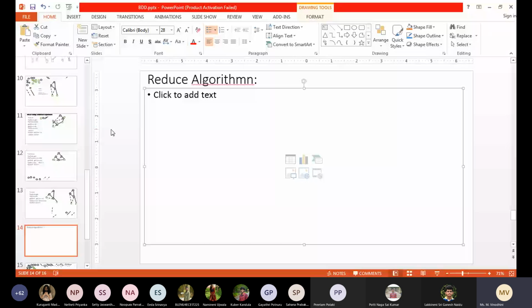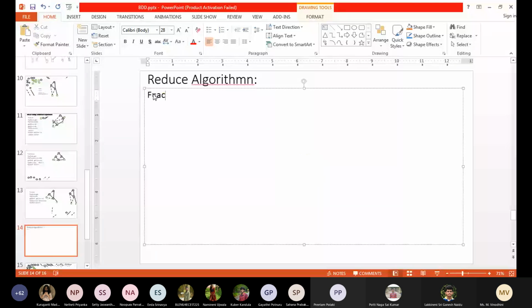Now for the expression, what is the very first diagram we have drawn? Okay, f is equal to AC plus BC. For that, everybody draw the binary decision tree. I will also draw here. For this expression, f is equal to AC plus BC, everyone draw the binary decision tree, the first diagram without any reduction or anything.